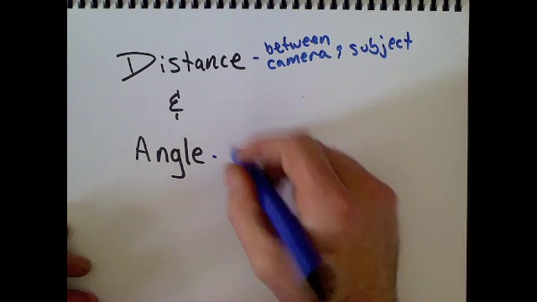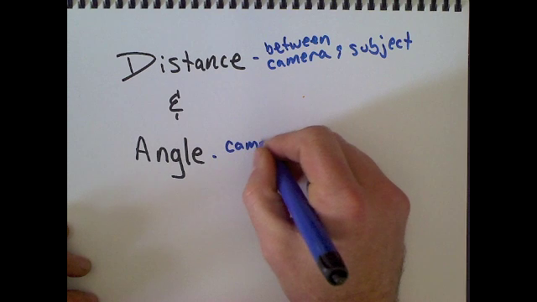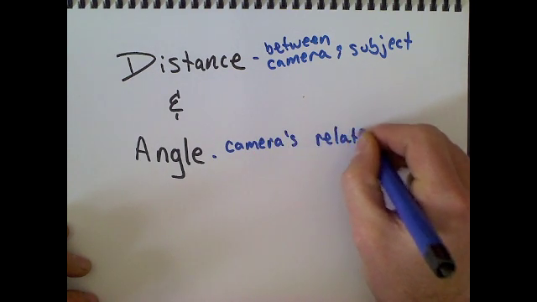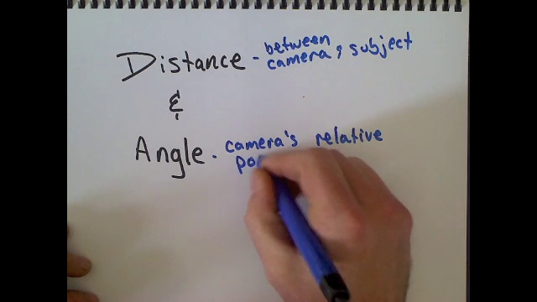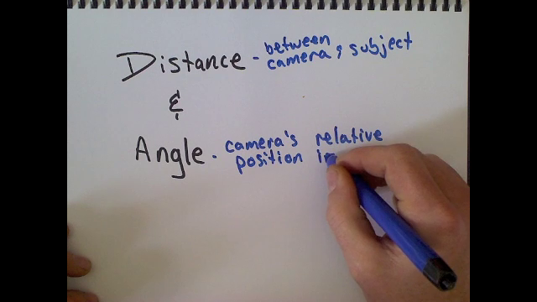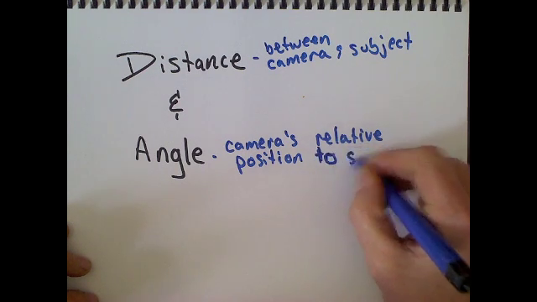And angle, remember, is relative. It is the camera's relative position in relation to the subject.